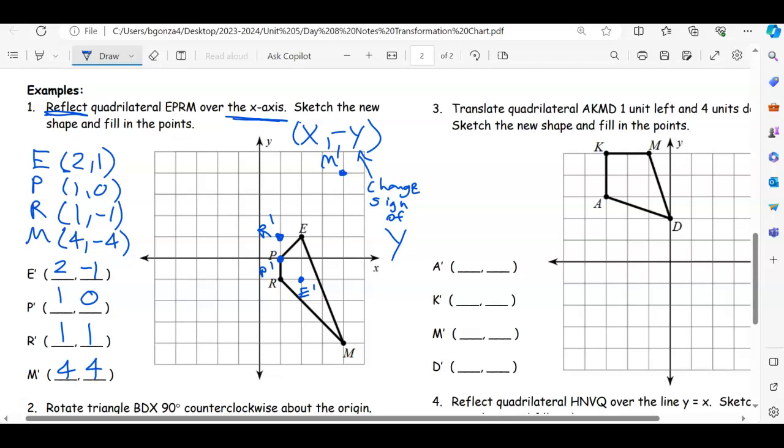And part of this last step is to actually connect them and make straight lines. So there were rulers you could have grabbed on the way in. Maybe they're near you, but you can make nice straight lines when you're doing this. So let's go ahead and connect all 4 of those points.